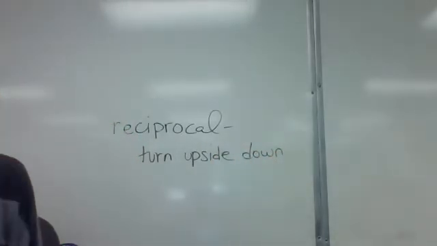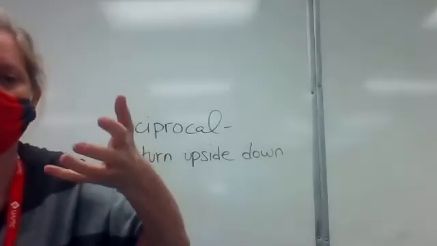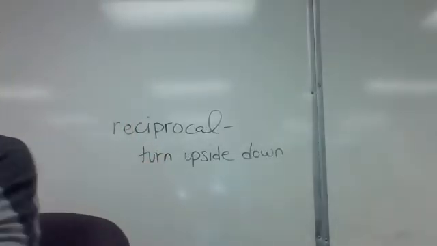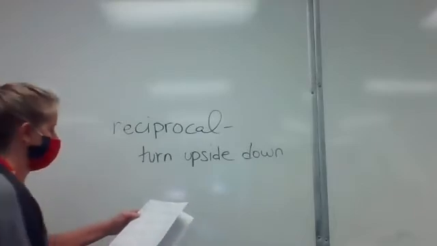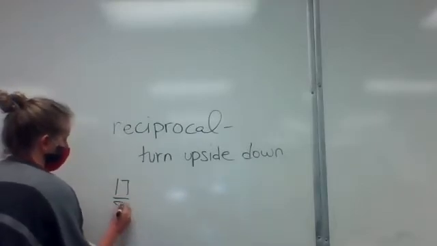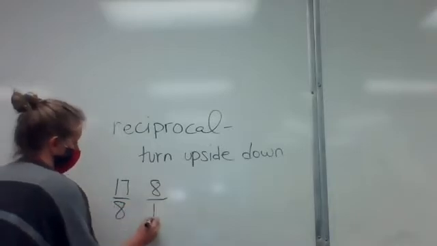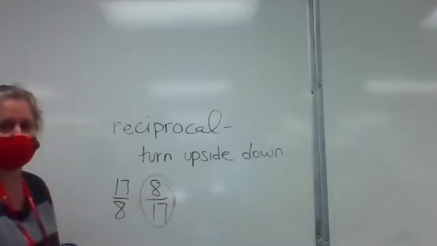It's going to turn it upside down. You don't change the sign. You don't do anything else. You just flip your fraction upside down. So on number 8, it says find the reciprocal of 17 over 8. Well, the reciprocal of it is 8 over 17. That's its reciprocal.